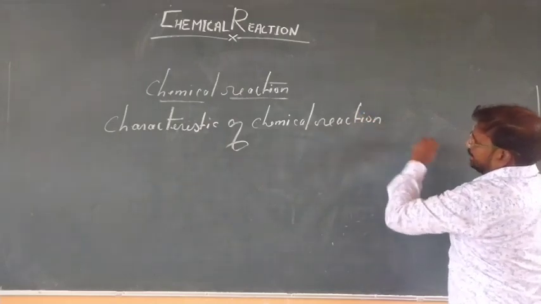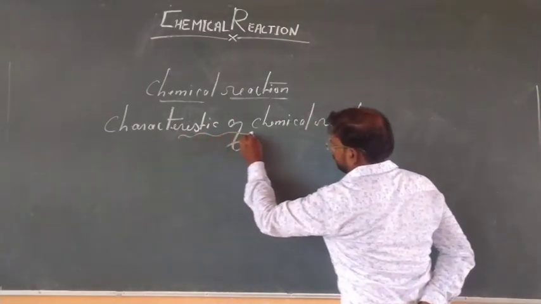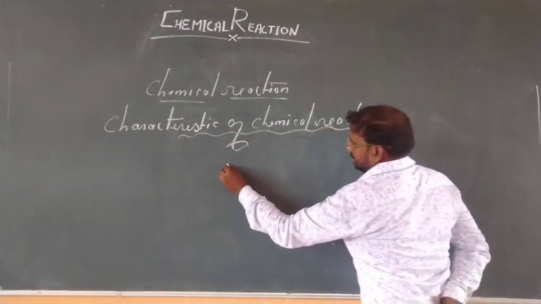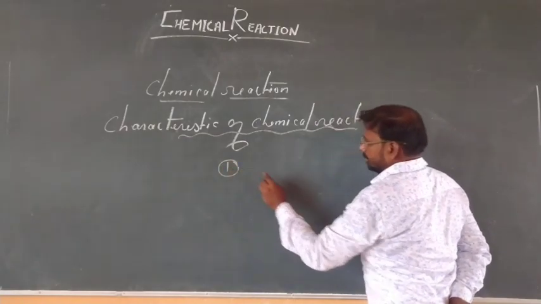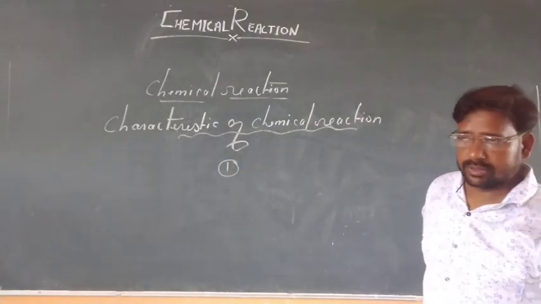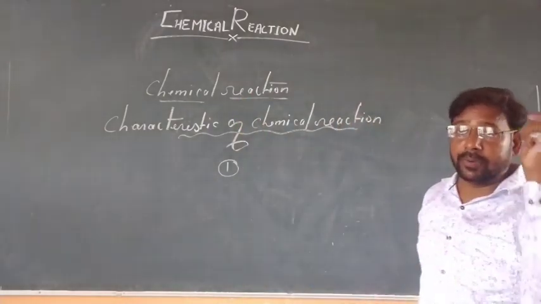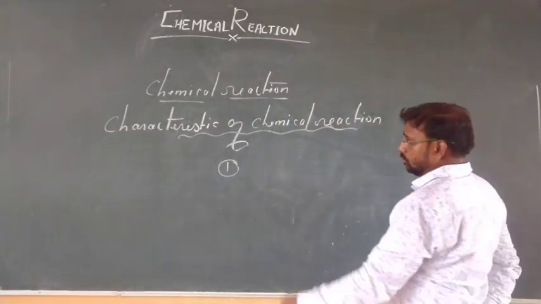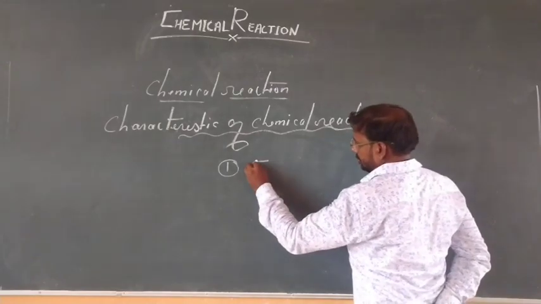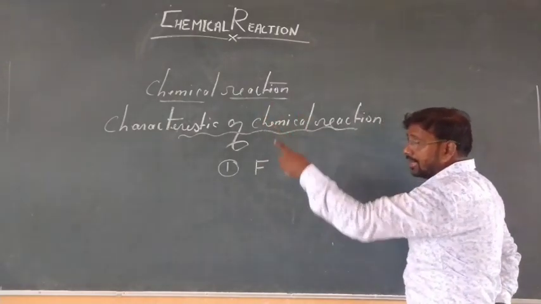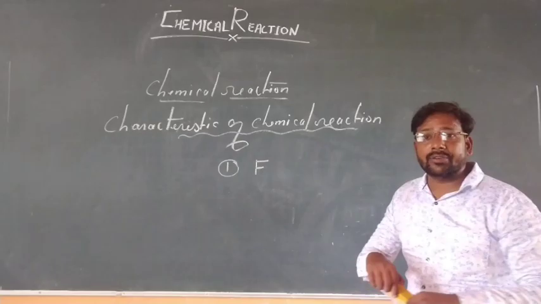What are the characteristics of chemical reactions? The first characteristic is, what is it? It means what are the properties of a chemical reaction? So you will write first: during a chemical reaction, what will you observe?